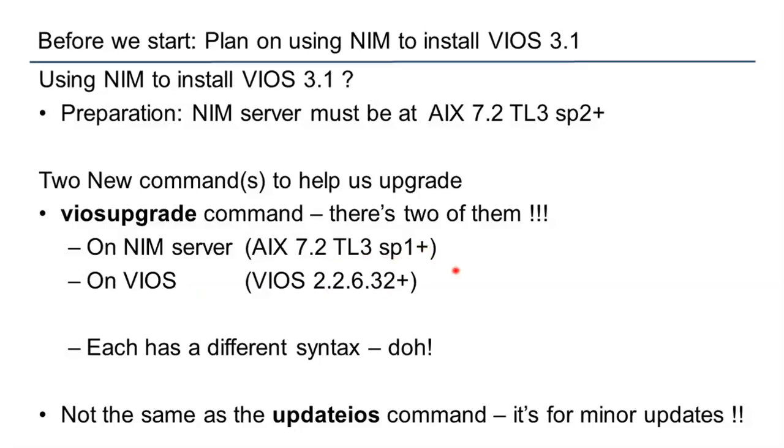They'll suddenly appear at that release, so that's worth knowing and worth getting up to these levels of the operating systems to make sure you have that available. They are the same command name, but they work very differently, and the options are very different depending on which environment. If it's sitting on the VIOS, it will do one thing, and on the NIM server it will do 2 other things. We'll look at that in a minute. The syntax is different, which is good because you don't accidentally use the wrong syntax.